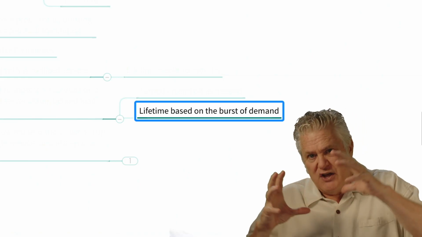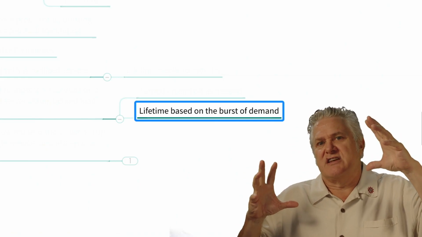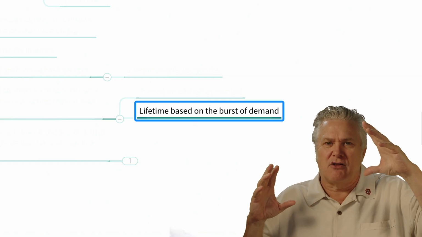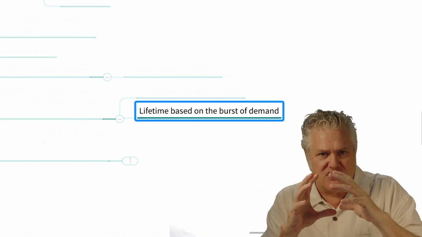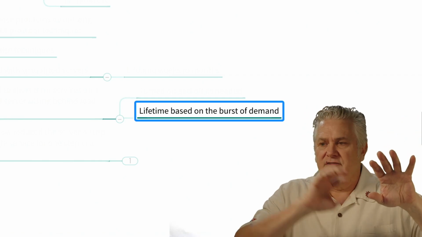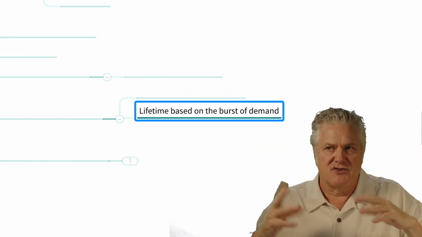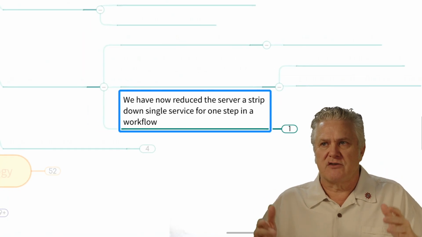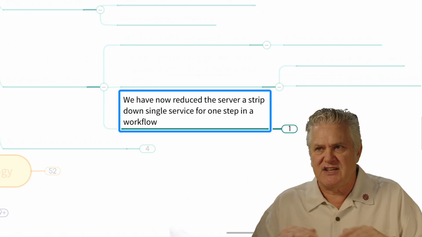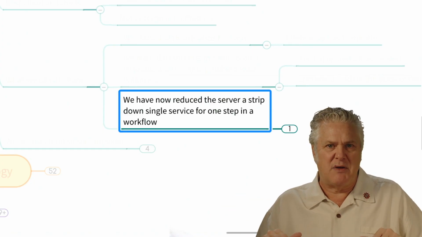And so we'll spread that out and make it so that those things act really fast. After the end of month closing, and once we've closed the books out, we can reduce that overall utilization and then put it on the research and development side or whatever else is popping up at that point. Now, we've reduced the server to a stripped down single service for one step in a workflow.